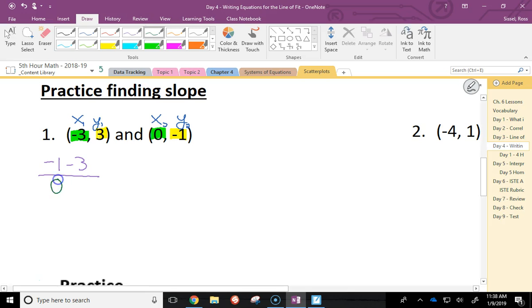So 0 minus 3. And we subtract them. -1 minus 3. Be careful, think about this before you shout out your answer. If I go back 1 and then I go 3 more back, what would I get? -4. And 0 minus 3, -3.